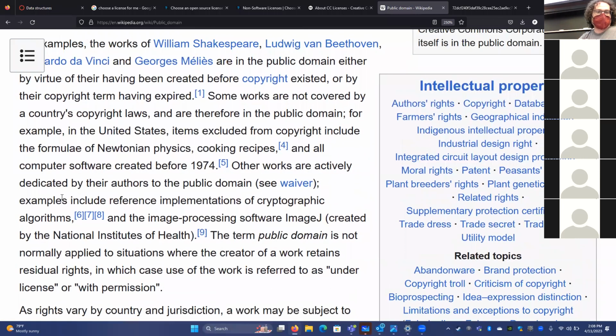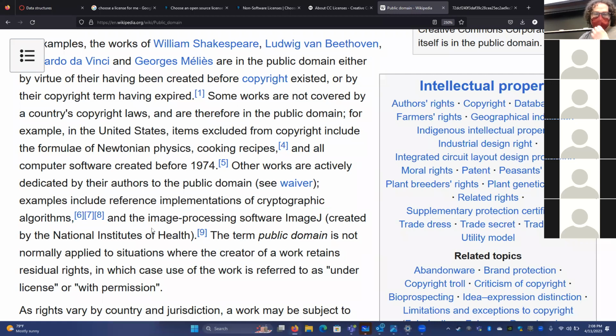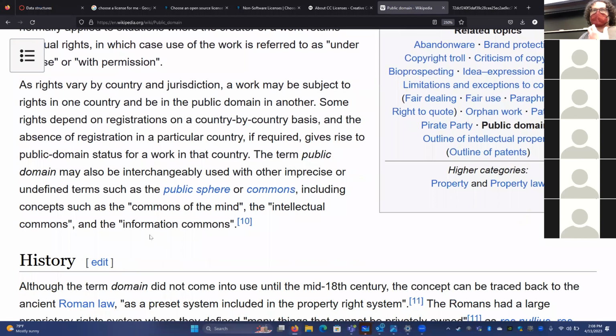Other works are actively dedicated by their authors to the public domain, and so is all computer software before 1974. Examples include reference implementations of cryptographic algorithms and stuff. The idea here is that the public domain is things that are created for which there is no copyright.